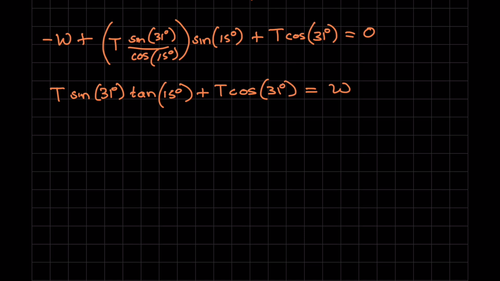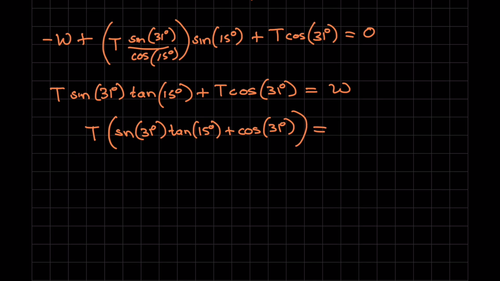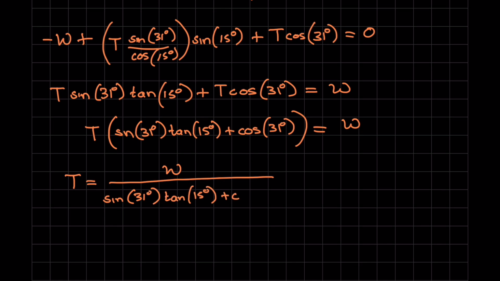If I factor T, then I have sine of 31 degrees times the tangent of 15 degrees plus cosine of 31 degrees is equal to the weight. And now what I'll do is divide, right? So then I have the tension is equal to the weight divided by sine of 31 degrees tangent of 15 degrees, plus cosine of 31 degrees.